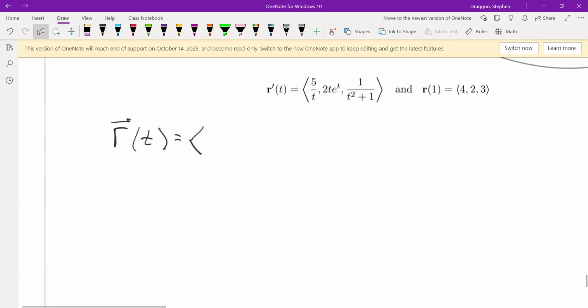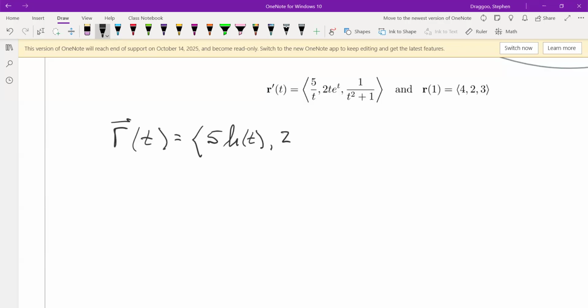Maybe zoom in just a little bit, and then redraw my angle bracket because I don't like it that much. If I want to integrate 5 over t, I believe that's going to be 5 times the natural log of t. Then I want to integrate 2t e to the t, which is going to be 2 times a thing.